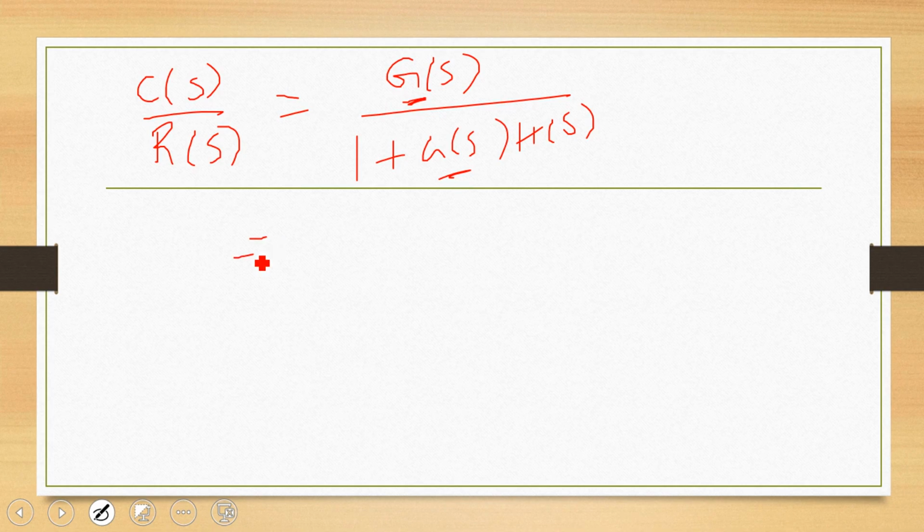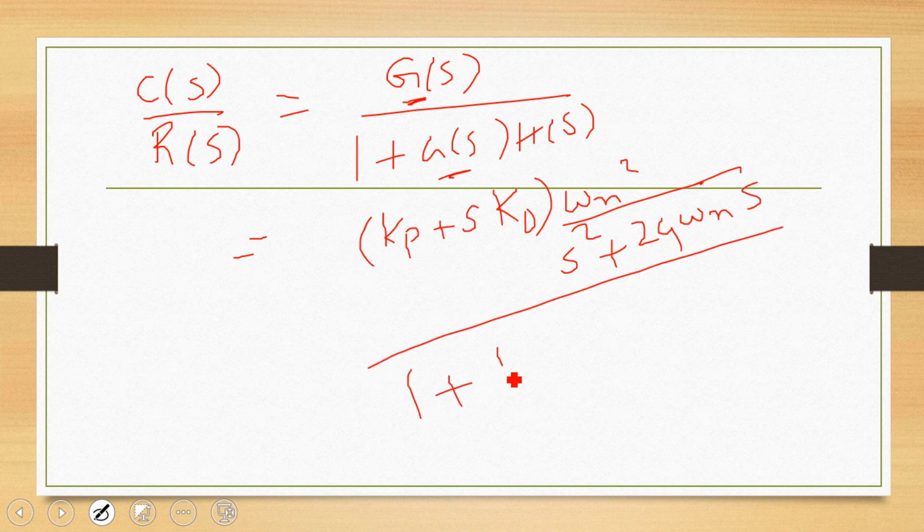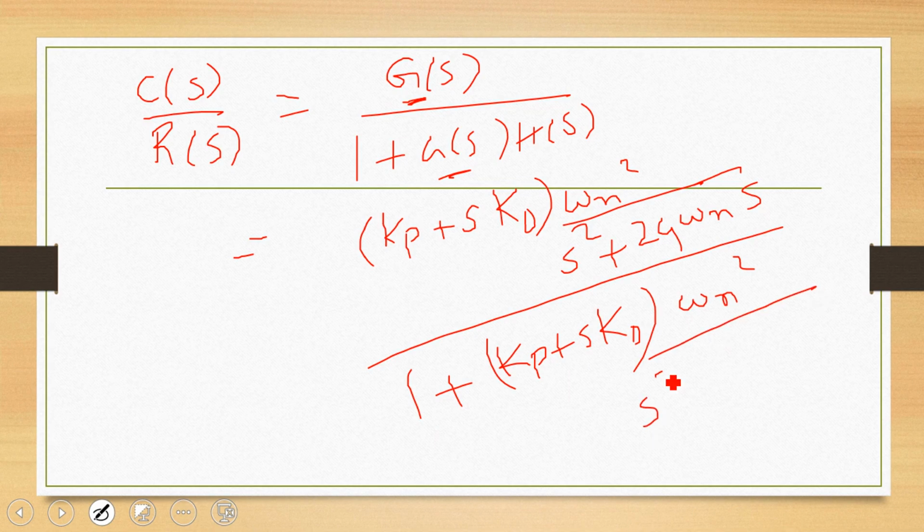So our new G of S is Kp plus S into Kd into omega n square divided by S square plus 2 zeta omega n into S, the whole divided by 1 plus Kp plus S Kd into omega n square divided by S square plus 2 zeta omega n into S, into 1. 1 is H of S. So now we simplify and get a standard function.